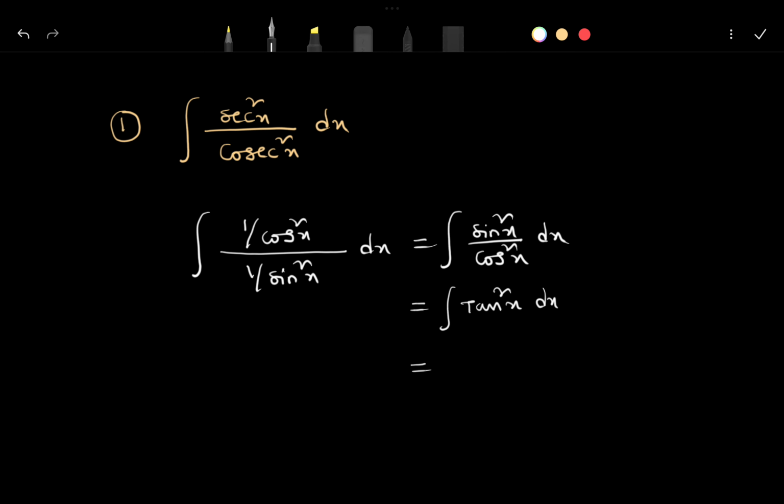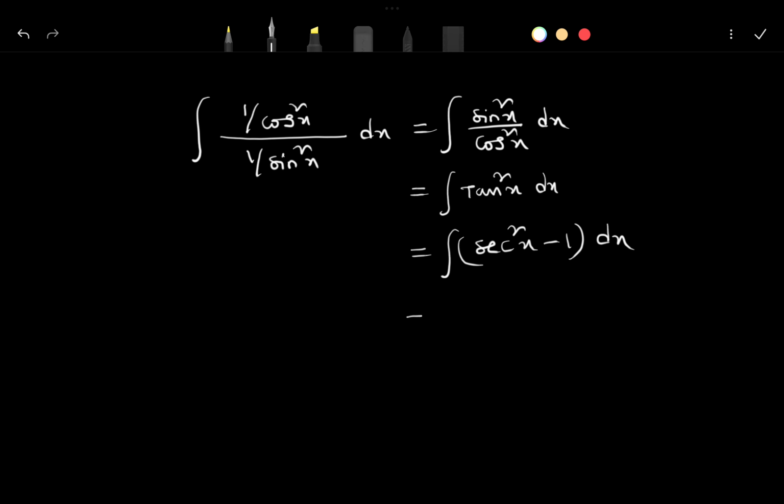You convert it in terms of secant square x. This value will be secant square x minus 1 into dx. Now you can write this as the integration of secant square x into dx minus the integration of 1 into dx. You can separate these terms algebraically.